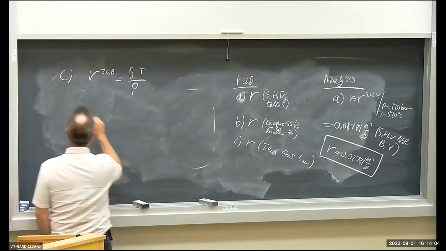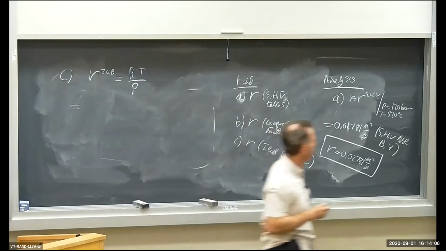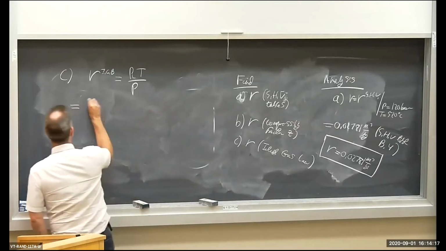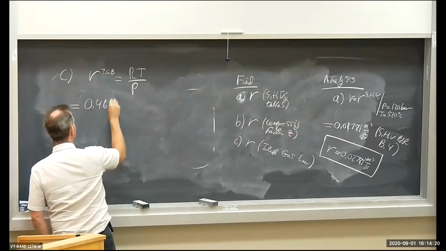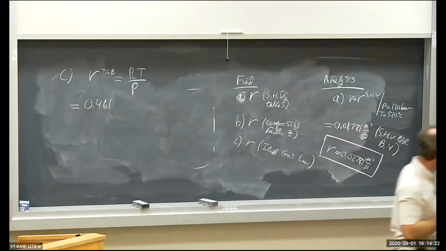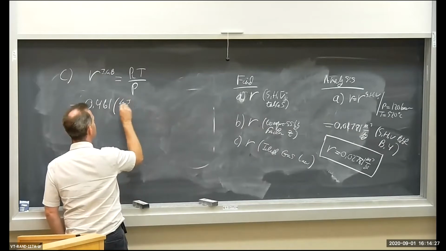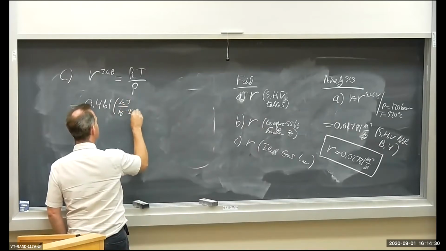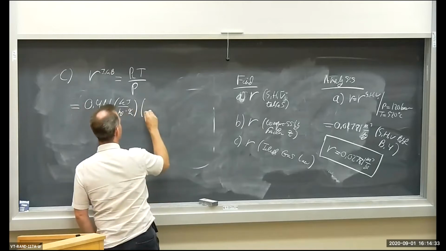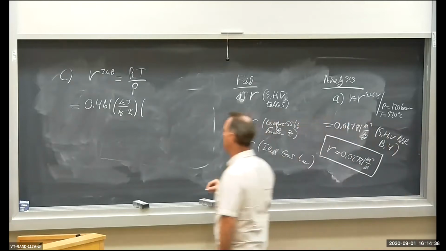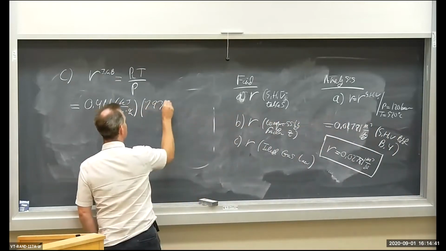Gas constant R is 0.461, and that has units of kilojoule per kilogram degree Kelvin. And then my temperature is 793 degrees Kelvin.